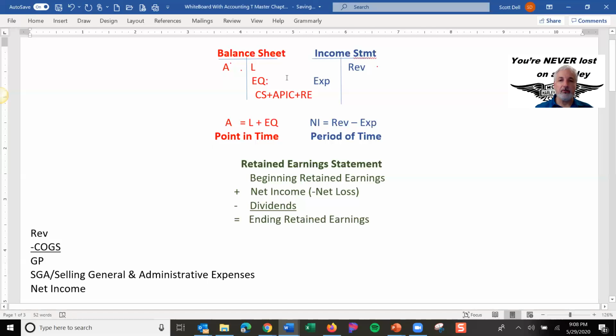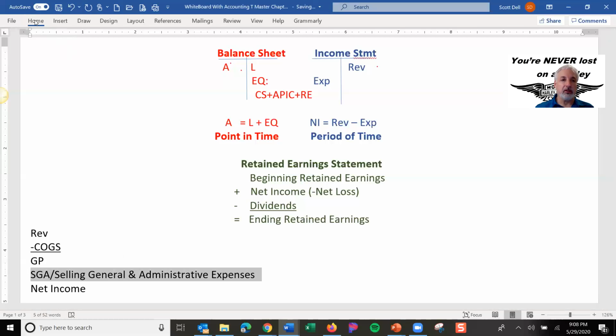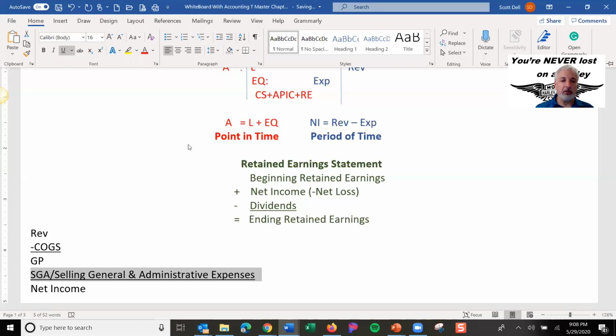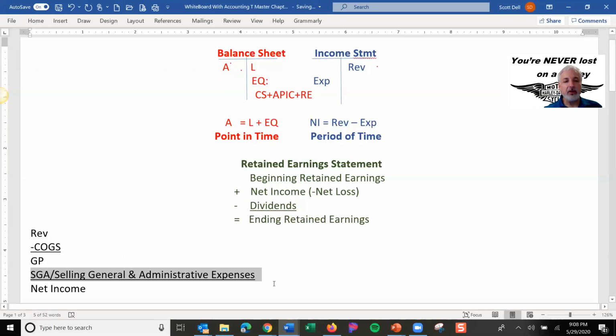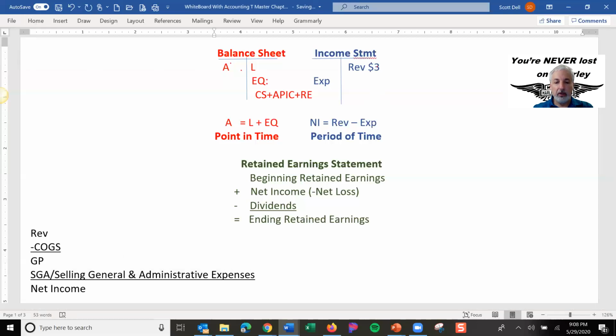Okay, so a little variation: revenue minus expenses. We have revenue minus cost of goods sold to get there. So what happens? We're pretty good with double entry accounting. We're going to have revenue, maybe service revenue, $3,000, and we either got it as cash or as AR.